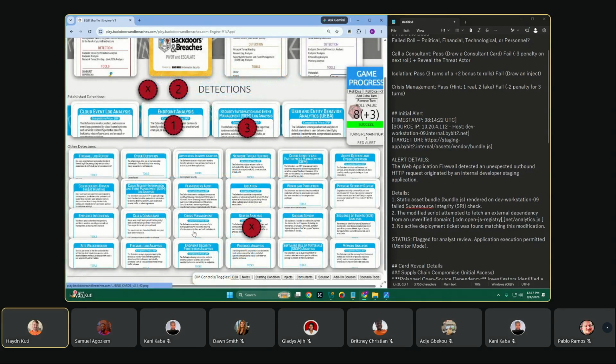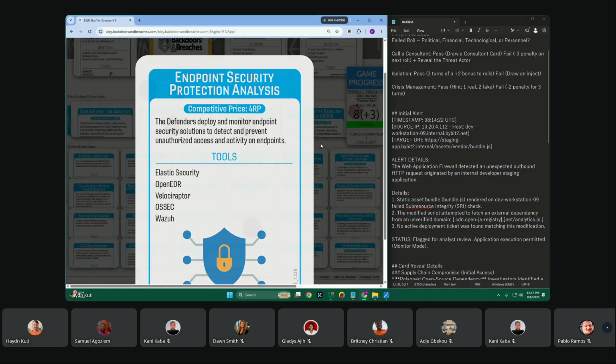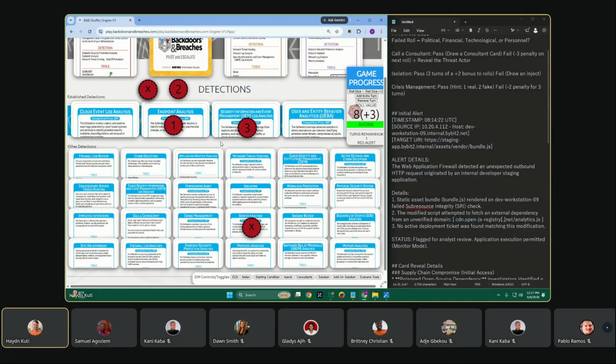And then endpoint security protection analysis: the defenders deploy and monitor endpoint security solutions to detect and prevent unauthorized access and activity on endpoints. So you guys have one of those cards to choose. One of them is a detection method that will work, and the other two are not.